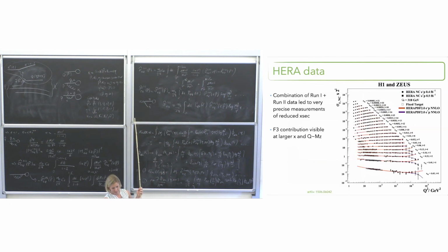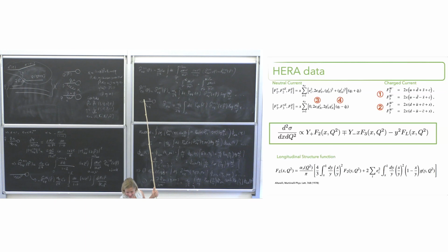And the other thing that I wanted to show is, you can see here, so these are measurements of the cross-section. This is the reduced, sorry, I should have shown first the, okay, here, that's important.